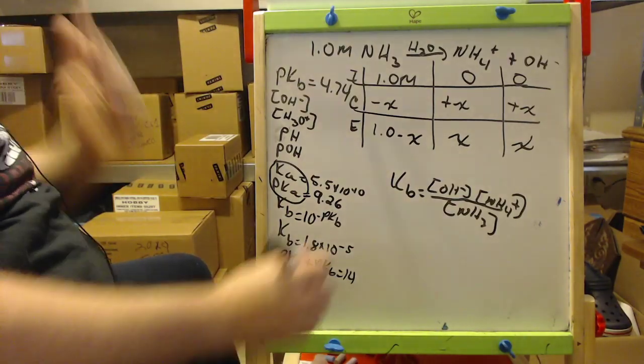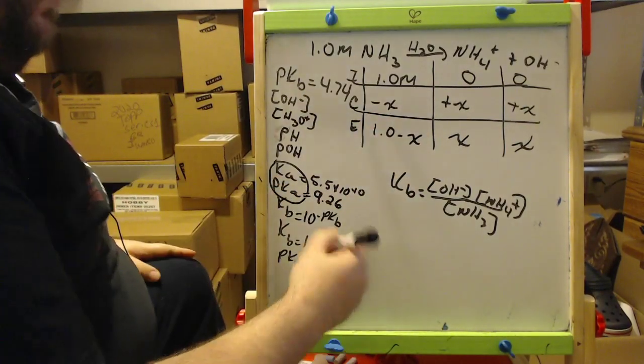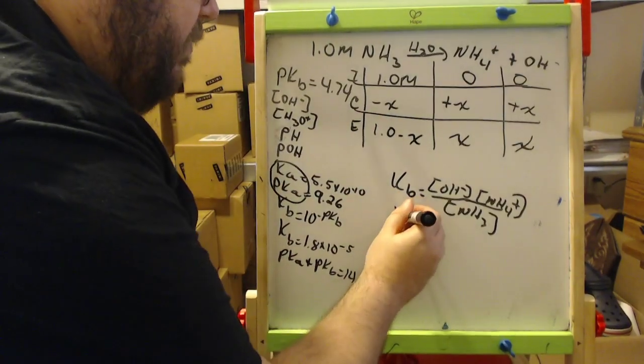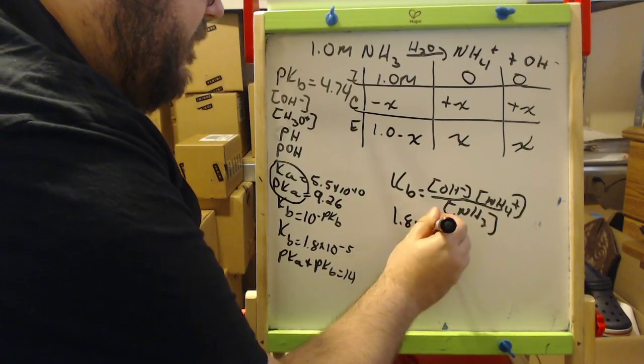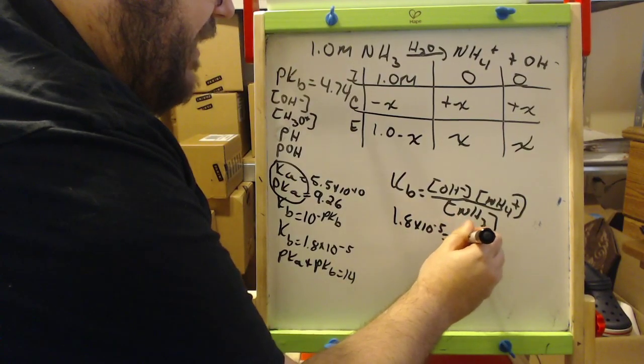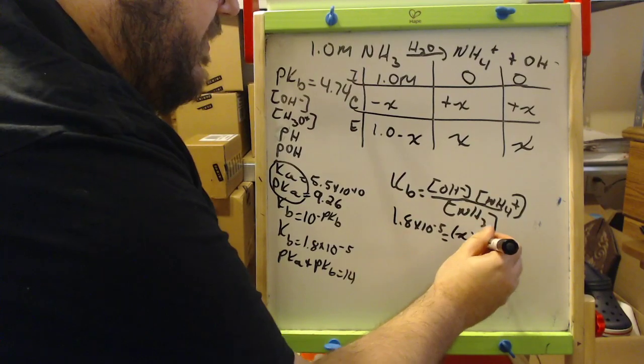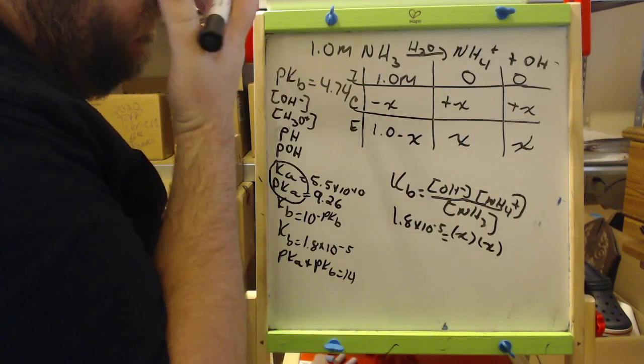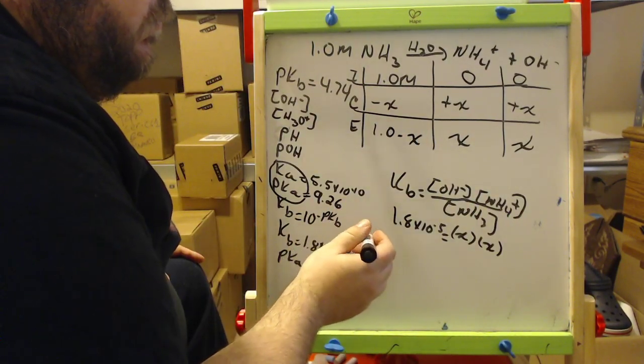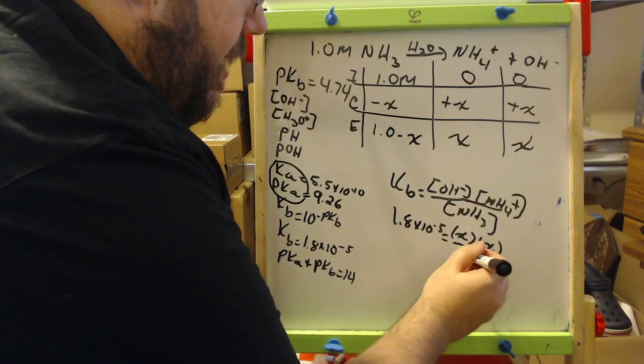Okay, it was our starting product. So now we fill in what we know. We know that this is 1.8 times 10 to the minus fifth. We know that this is x. We know that this is x. I know that this is 1 minus x.